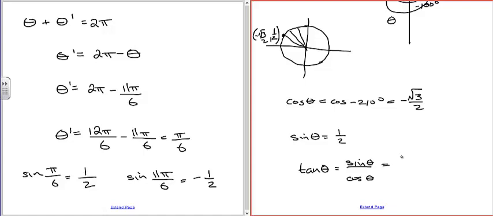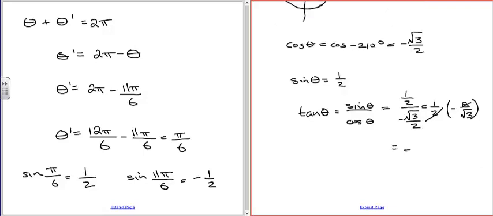So the sine is 1/2 divided by the cosine, which is negative the square root of 3 over 2. You convert this division problem into a multiplication problem by taking the reciprocal of the denominator. These two cancel out, so you end up with negative 1 over the square root of 3, which you can rationalize by multiplying and dividing by the square root of 3.